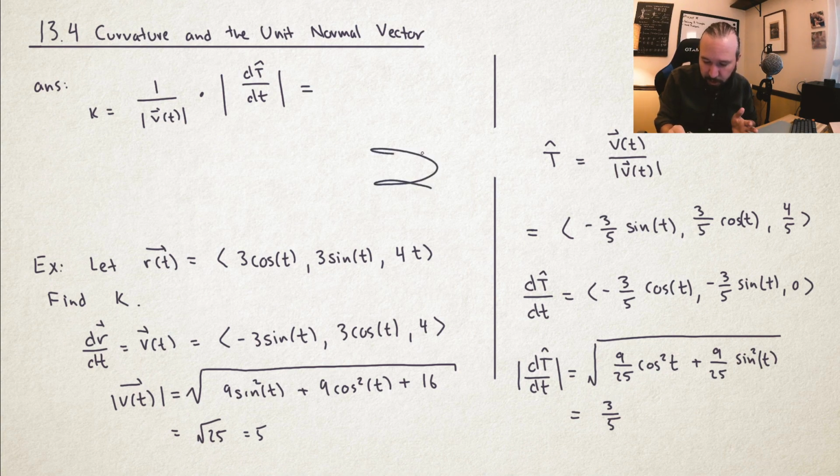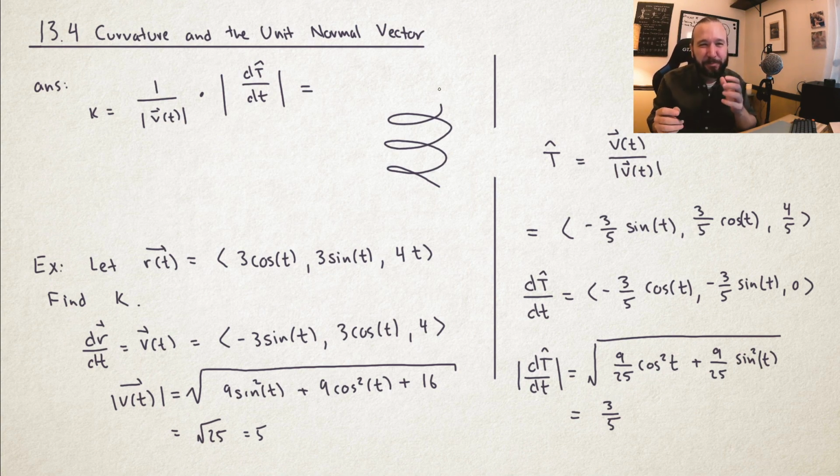You know, when you look at our shape like this, well, I didn't draw it very well. When you look at the shape, okay, let me draw it. Okay. If you were in a race car and you were driving around this helix, like there's sometimes parking garages, right?